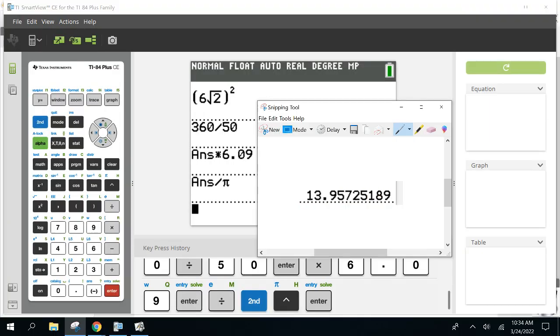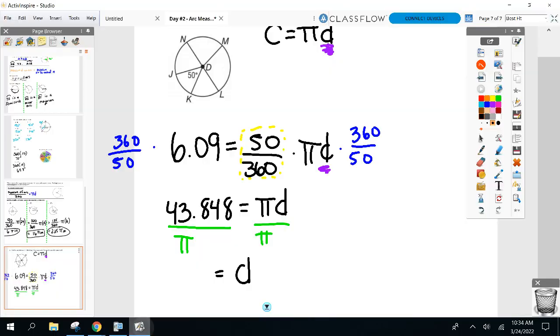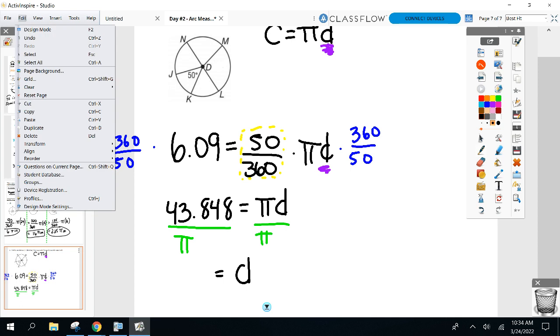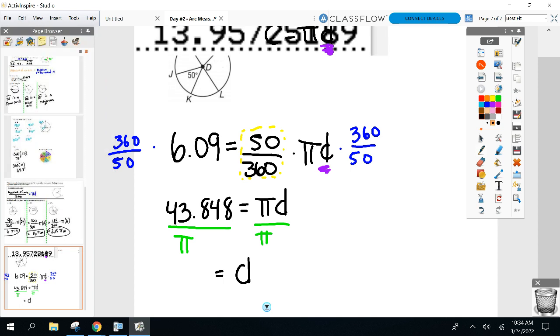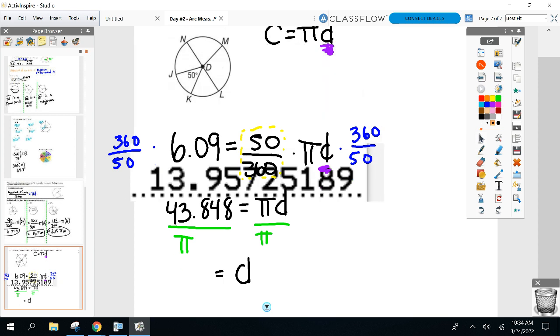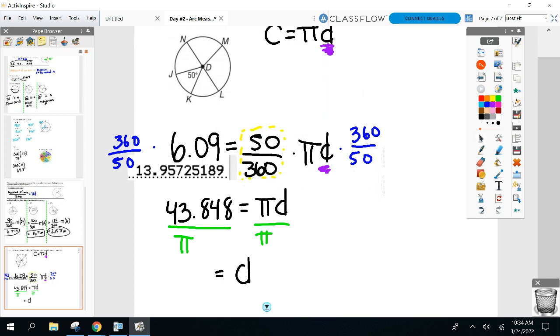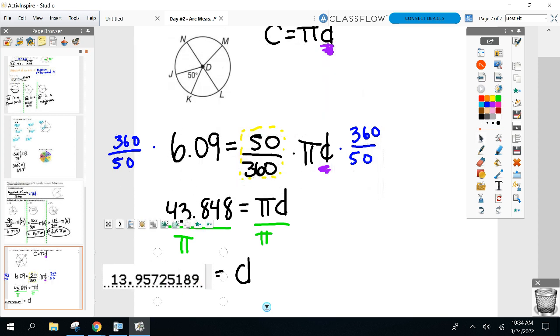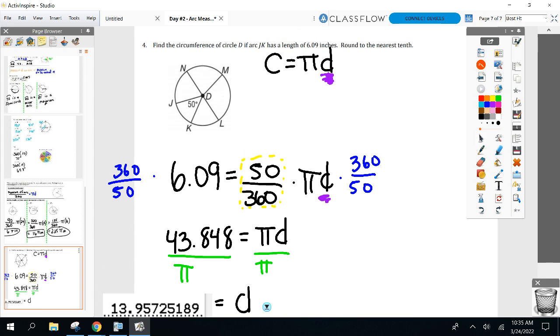I'm just being lazy, I guess. There's my diameter. Go back, plug it back in, find the circumference to the nearest tenth.